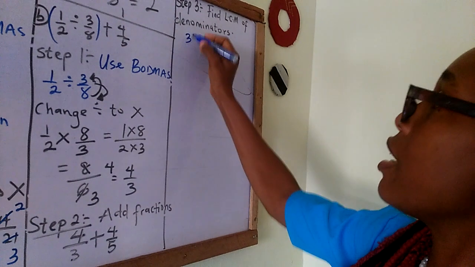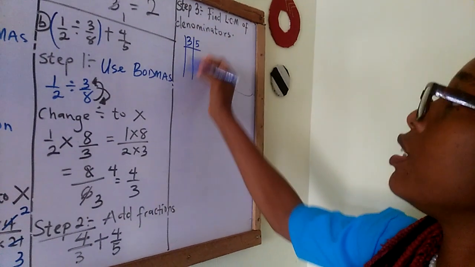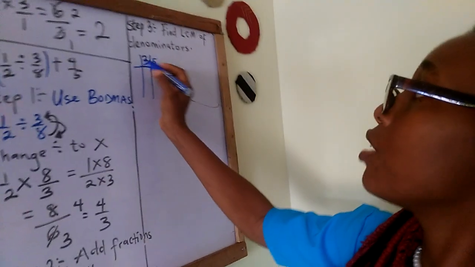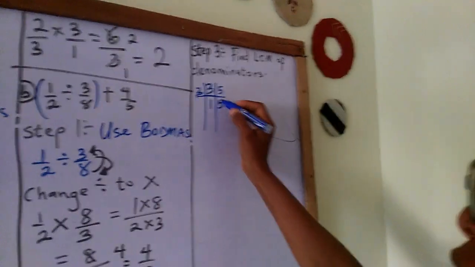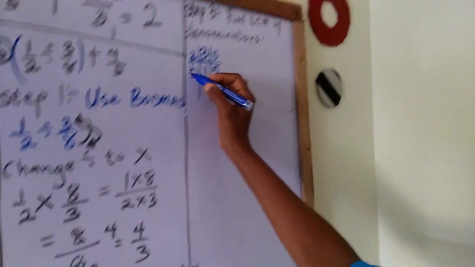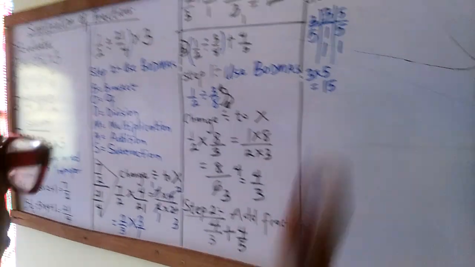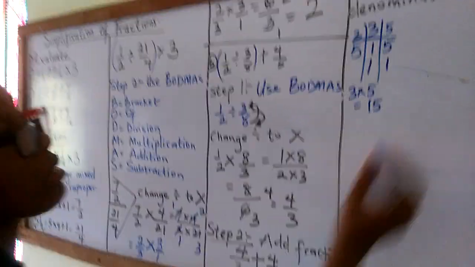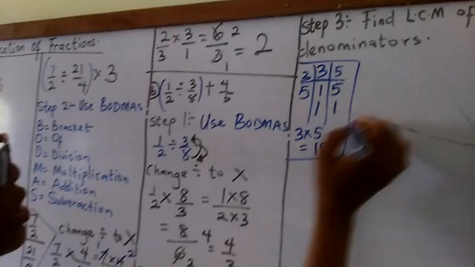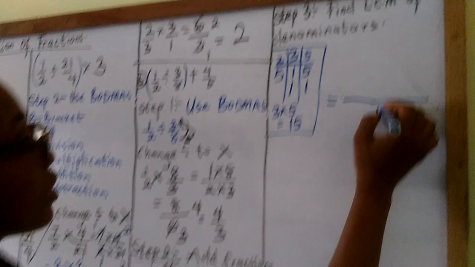So we have 3 here and 5. 3 into 3 is 1. 3 into 5 is not possible, so write down our 5. We don't want to remain that. So we go for 5 now. 5 into 5 is 1. So we multiply 3 times 5. 3 times 5 is 15. So now that we found our denominator, they have the same denominator. The denominator now is 15.